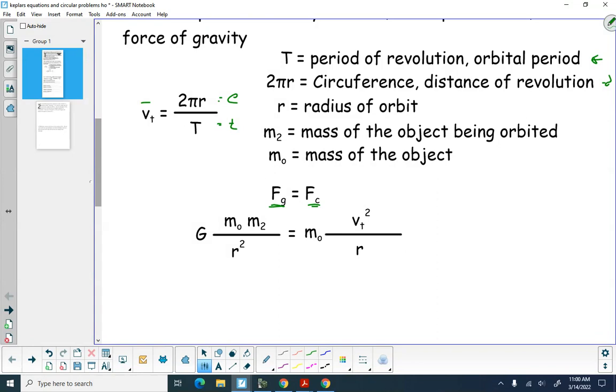So what we talked about on Friday is this gravitational pull is calculated by G, which is a value that was established by Cavendish, times the product of the two masses, divided by the distance between the two objects, squared. This r was the distance between the two objects, and this is what we talked about on Friday.